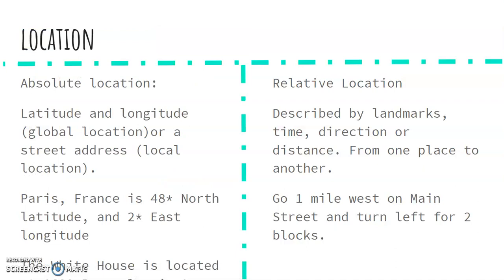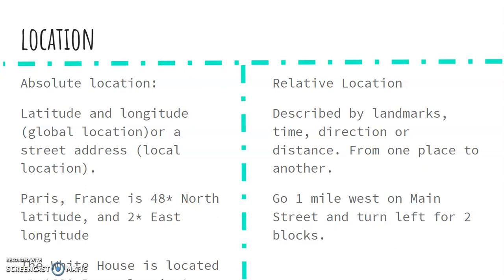Location. Again, these are in your vocab, but I think this is good review to put in your notes again. Absolute location is the latitude and longitude, or the global location, or you can also have a street address, the local location. My example here is Paris, France, at 48 degrees north latitude and 2 degrees east longitude.